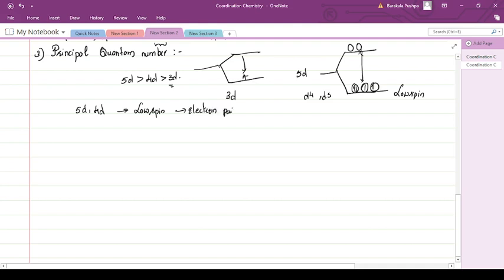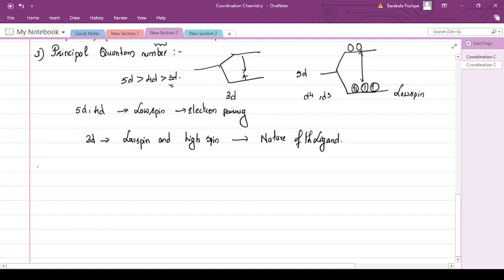Only in the 3d series do we have complexes of both low spin and high spin, and that depends upon the nature of the ligand. I suppose you understood this.